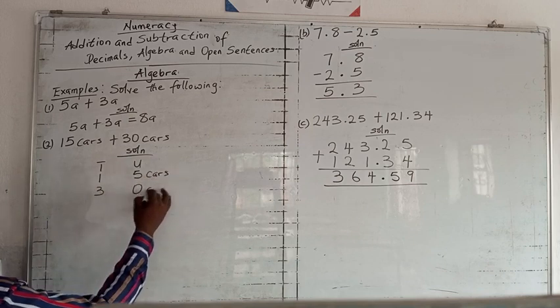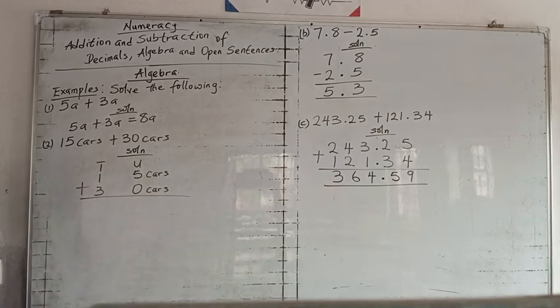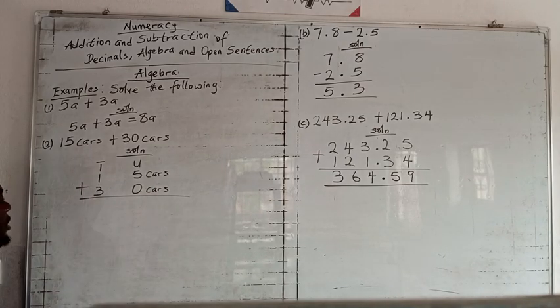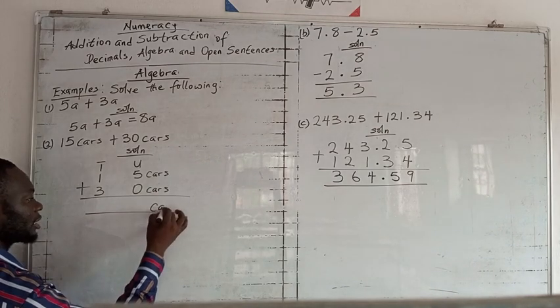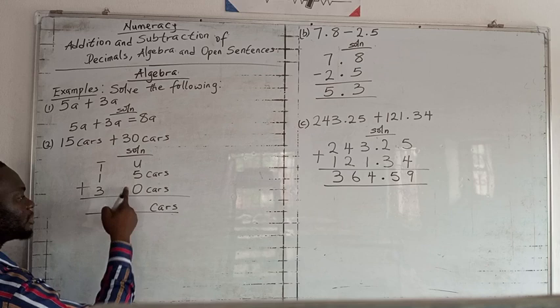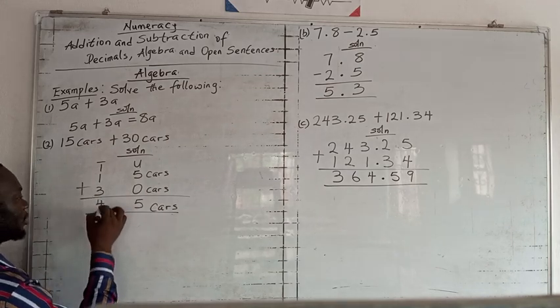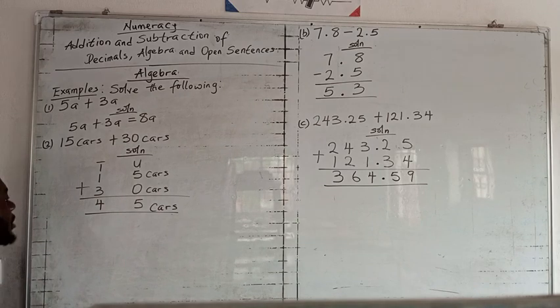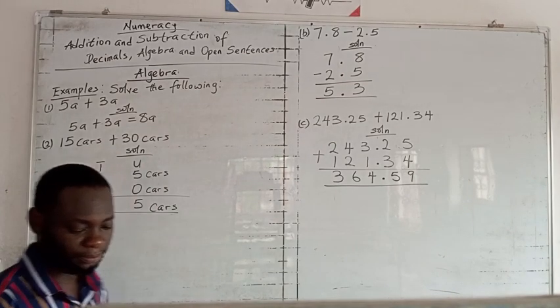But make sure our cars are part of the equation. So this is 15 cars plus 30 cars. So what we simply do here is we bring down the cars. 5 plus 0, 5. 1 plus 3, 4. Therefore, 15 cars plus 30 cars is 45 cars.